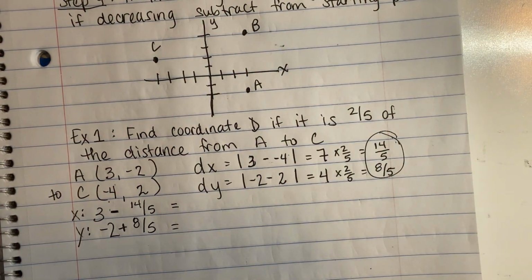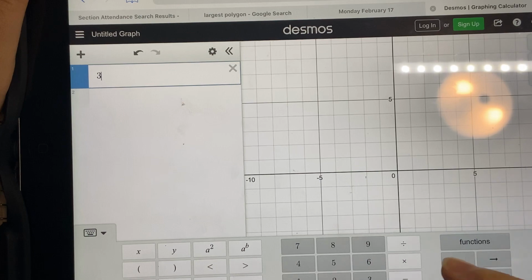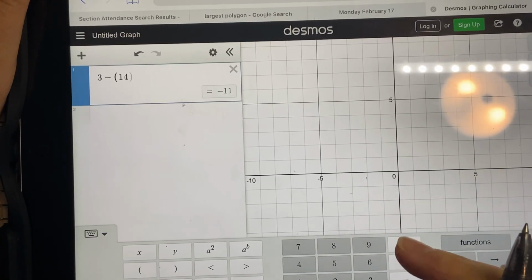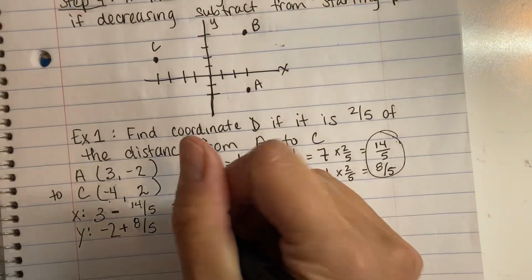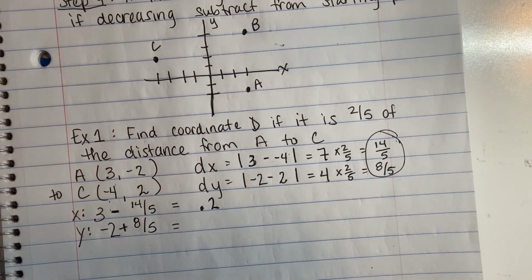All right, so I have 3 minus 14 over 5. So I'm gonna use that here. 3 minus, and I always put my fractions in parentheses for calculator use. I got 0.2. So I'm gonna put 0.2 here. All right, and then -2 plus 8 over 5.